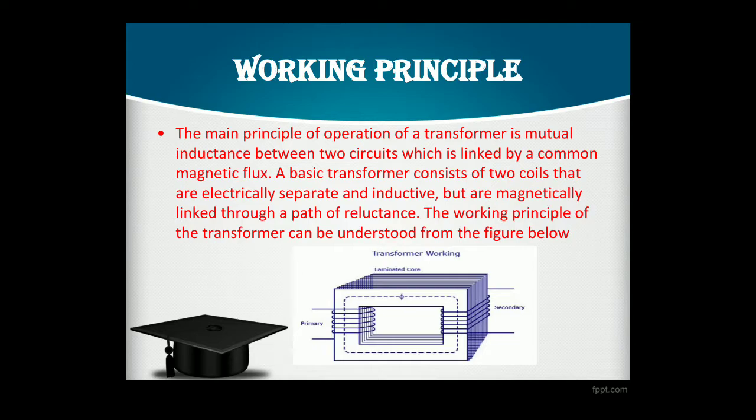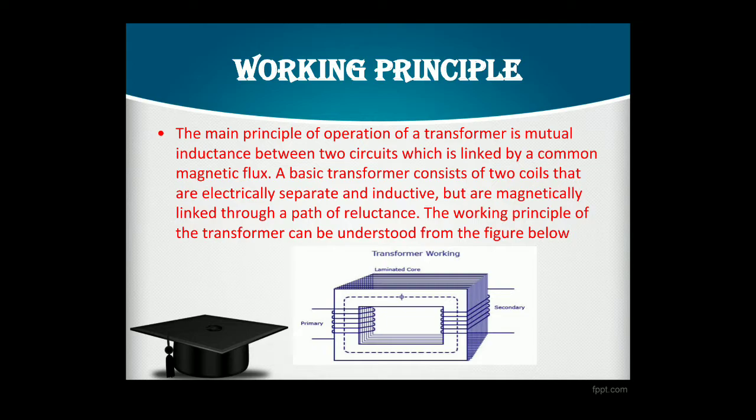This magnetic core is made of a ferromagnetic material which has a high permeability, and it is laminated. That means thin iron plates are connected with each other to make the laminated core.